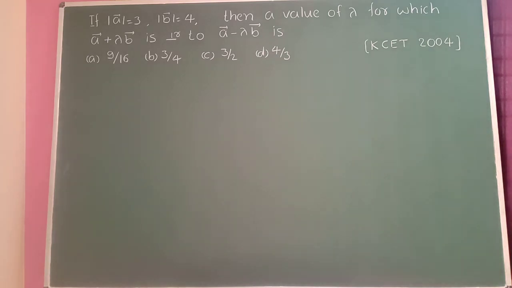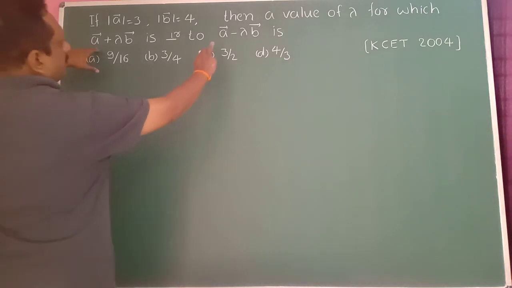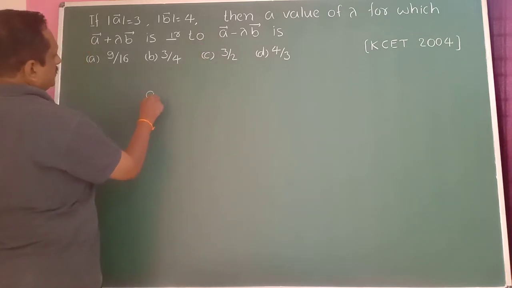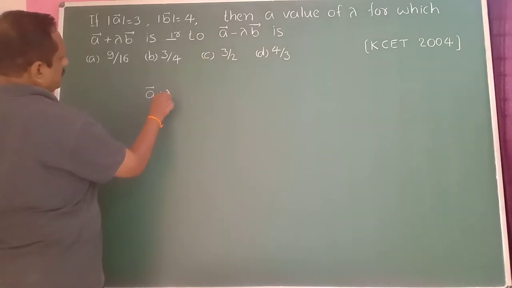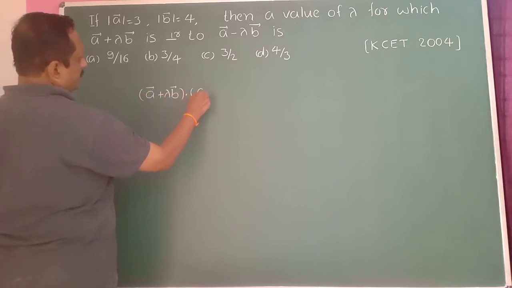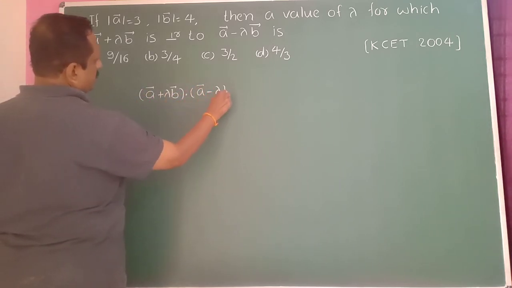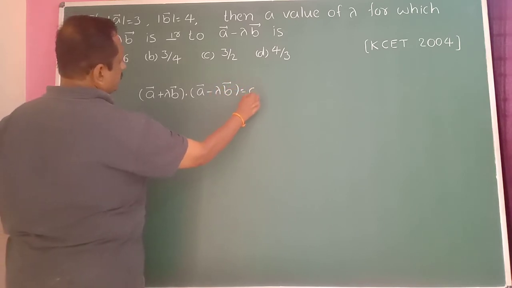So if modulus of a bar is 3, modulus of b bar is 4, then find the value of lambda for which a bar plus lambda b bar is perpendicular to a bar minus lambda into b bar. So here they are perpendicular to each other. Hence dot product a bar plus lambda b bar dot a bar minus lambda b bar is equal to 0.